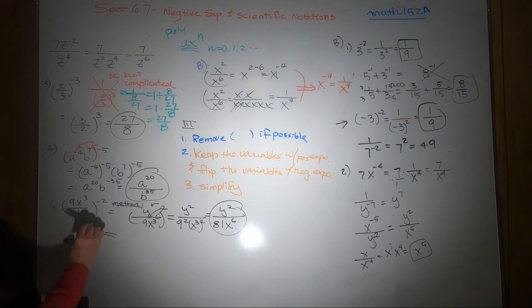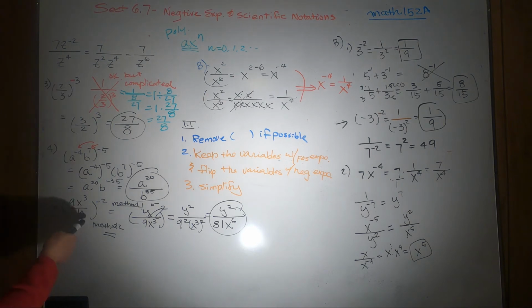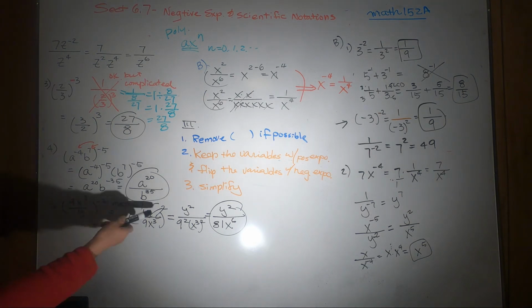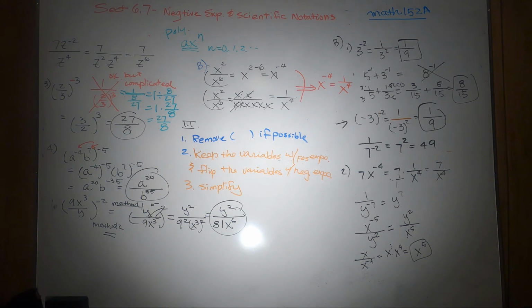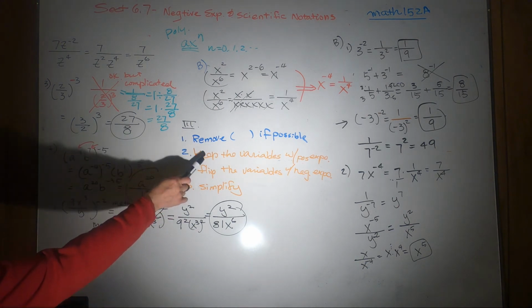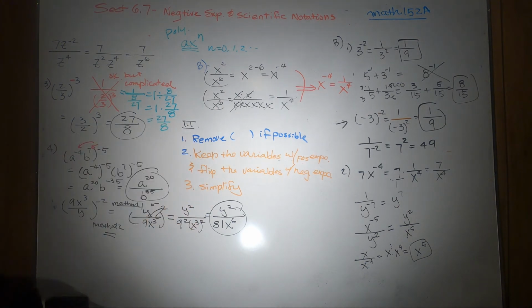Or we can have a method 2. You don't have to remember that with fractions, you do the reciprocal first. We can just do it the same way as before. Remove the parentheses individually, then write it out, then go from there, right?